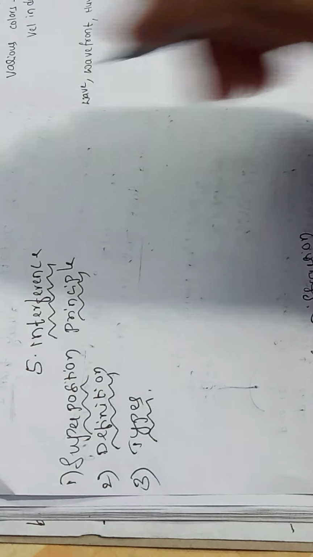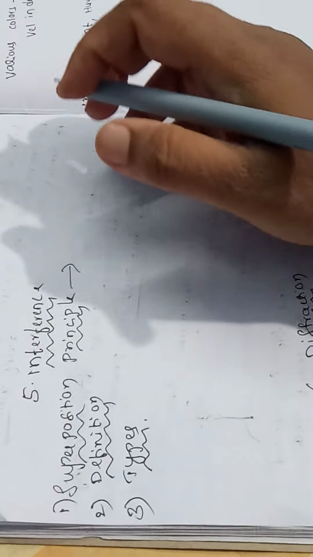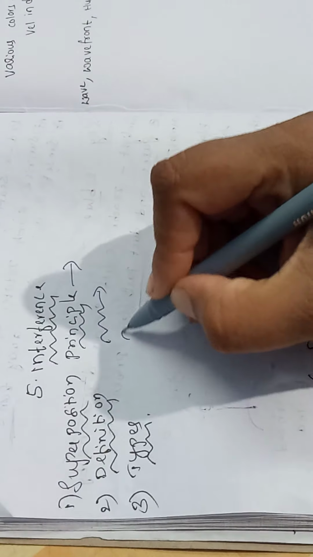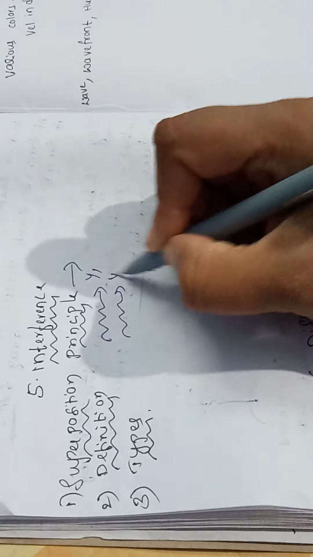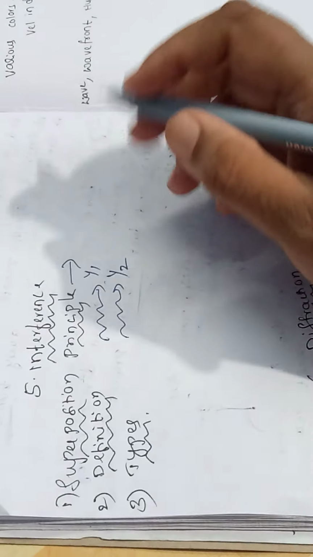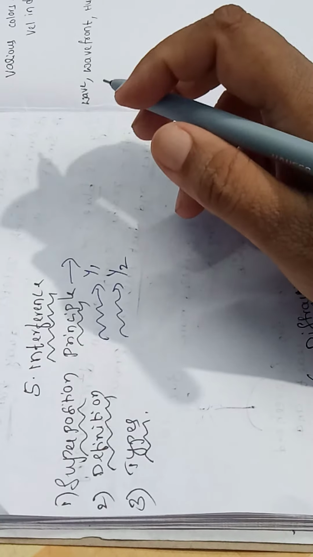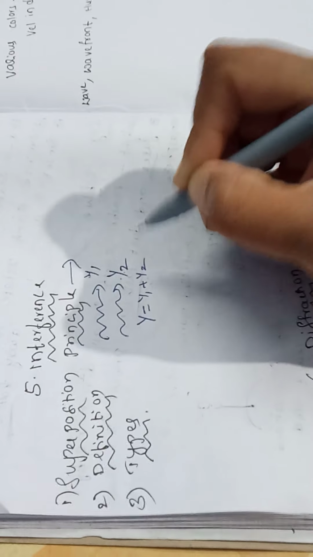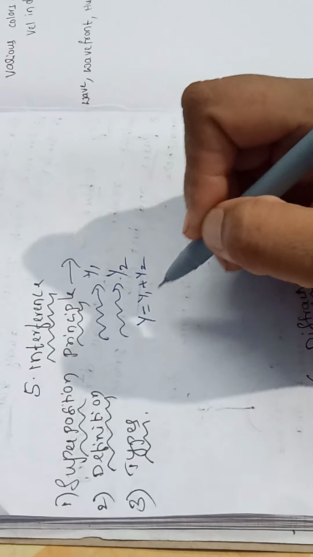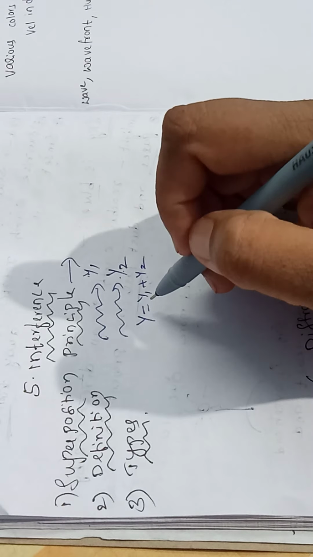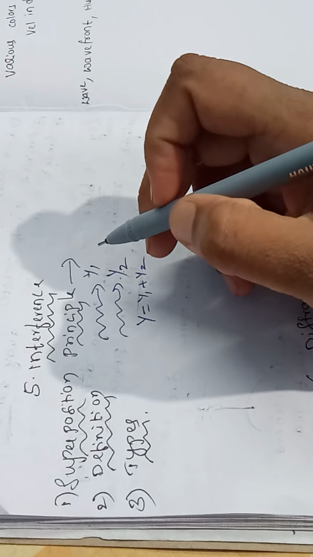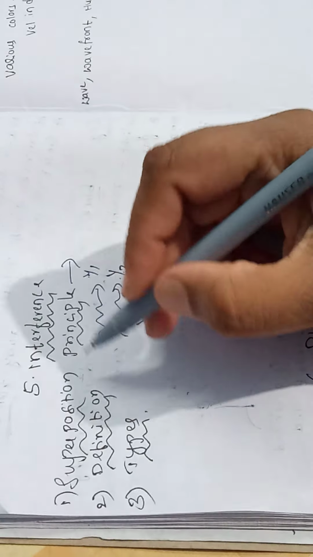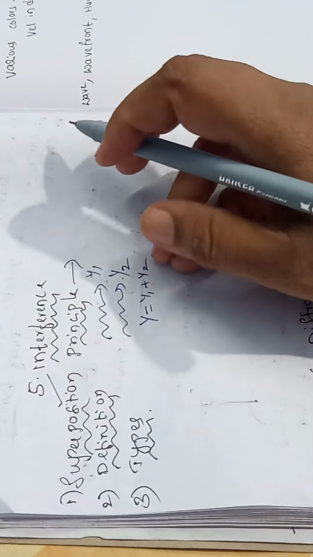Now the fifth light property is intensity. Before going to intensity, let us define the superposition principle. Let us take two waves, one with displacement y1 and the other with y2, traveling in the same medium along the same direction. The resultant is written as y1 plus y2. So the resultant displacement is equal to the algebraic sum of the displacements of the individual waves. That we call the superposition principle.